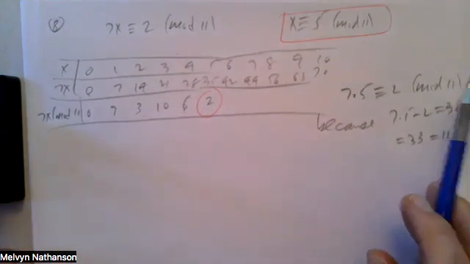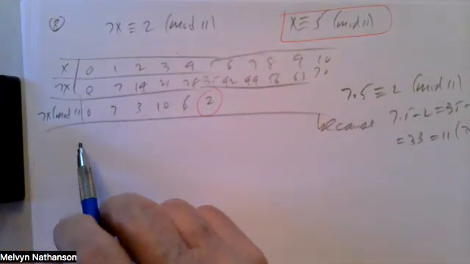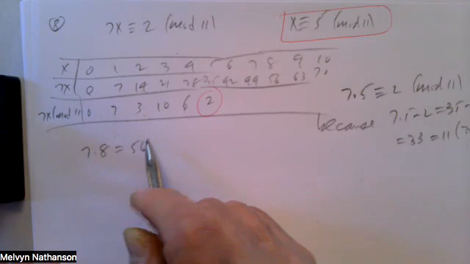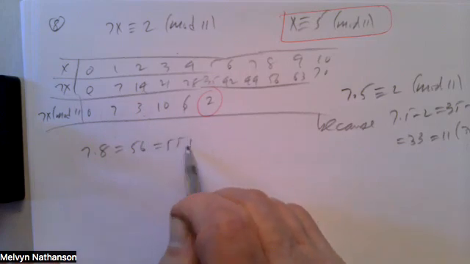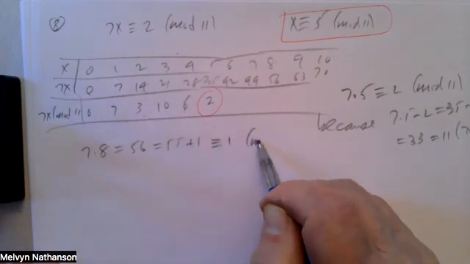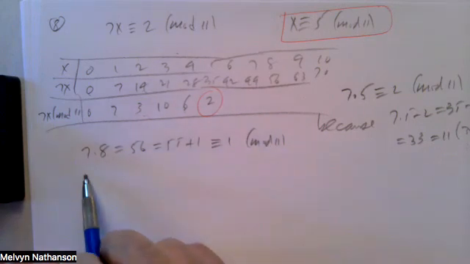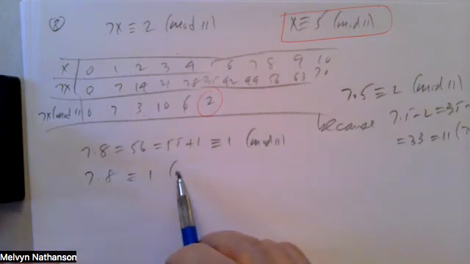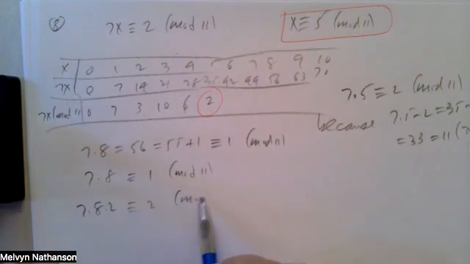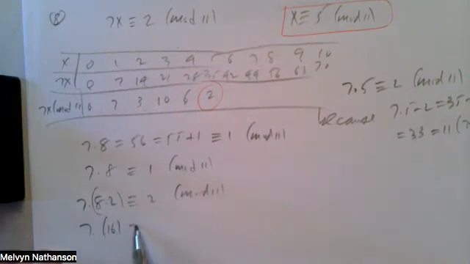I could do this another way also. I could observe that 7 times 8 is 56, which is 55 plus 1, or 5 times 11 plus 1, is congruent to 1 mod 11. So 7 times 8 is congruent to 1 mod 11. So if I multiply by 2, 7 times 8 times 2 is congruent to 2 mod 11. Or if you like, 7 times 16 is congruent to 2 mod 11.